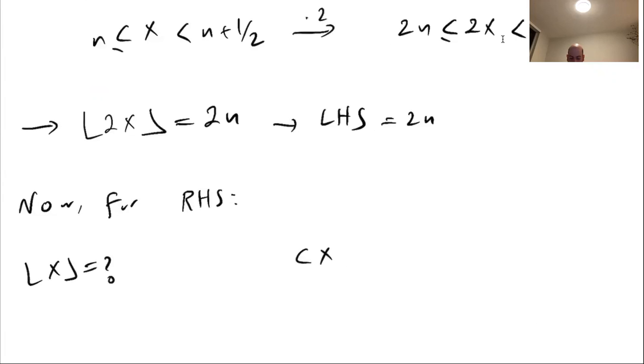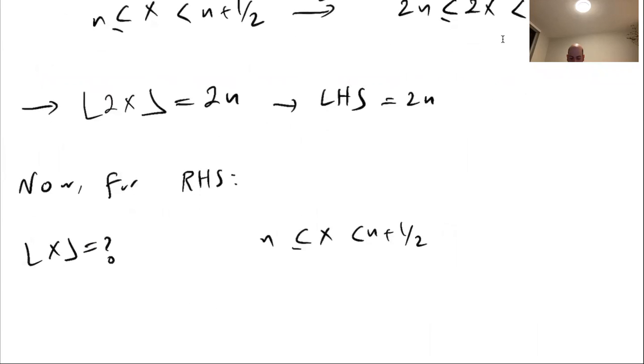Well, x is between n and n+1/2. For floor of x, x has to be put between two consecutive integers, but it is already between two consecutive integers, n and n+1.